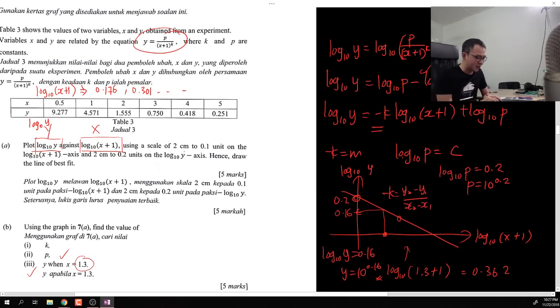So if the scale is 2 cm equals 0.1 unit, that means over here you can go up to 2 decimal places, because from 0.1 to 0.2 here should have 10 boxes, right? So 10 boxes here, that means you can have 0.11, 0.12, 0.13, 0.14, 0.15 until 0.2, right? So therefore, I guess 2 decimals should be good. Alright. So yeah, this is how you do this question.